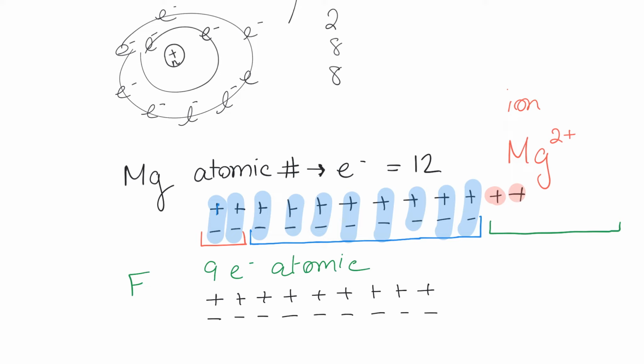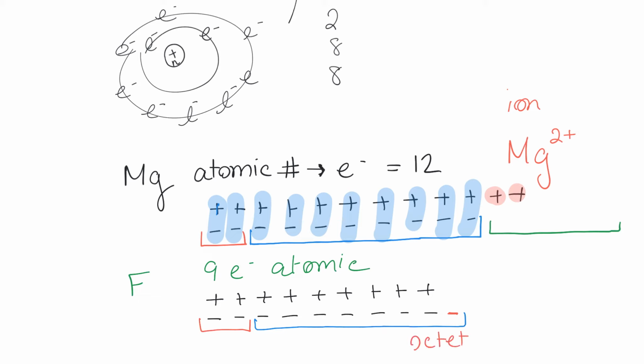Now let's do the same thing. The first level took 2 electrons. The next level is going to take 8: 1, 2, 3, 4, 5, 6, 7. Oh, it doesn't even fill that next level. So to make that happen, it's going to need to pick up an extra electron in order to fill that level and complete the octet rule.